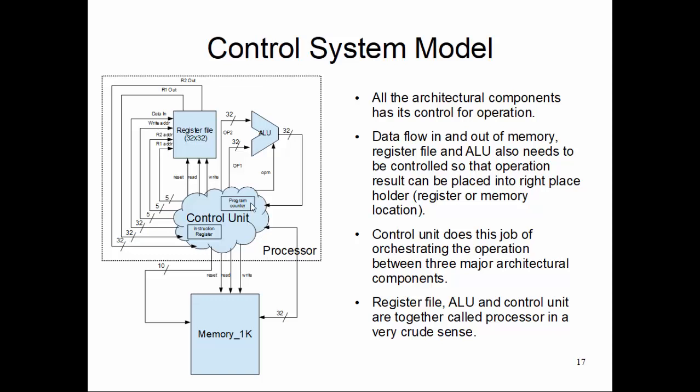And in each processor this value is different. For example, for a Pentium processor, the power on value for the program counter is different from that in a MIPS processor system.